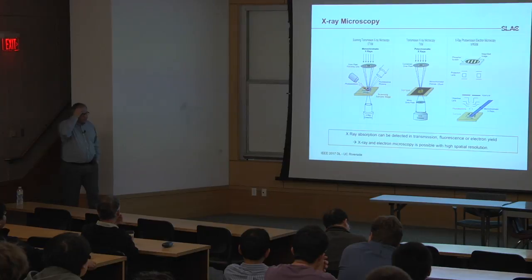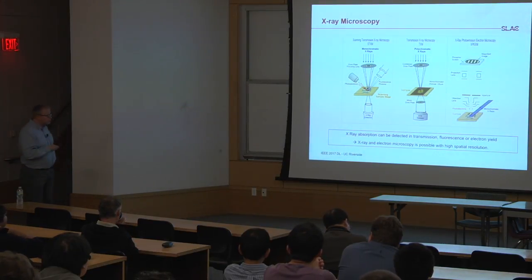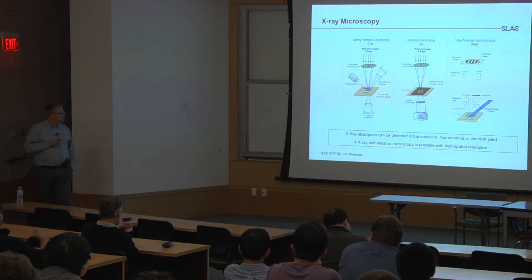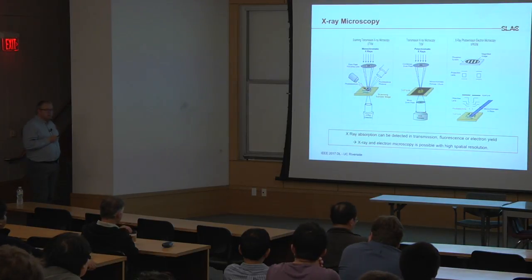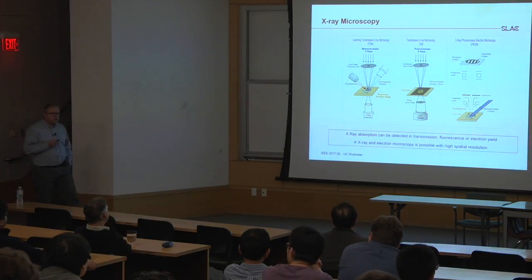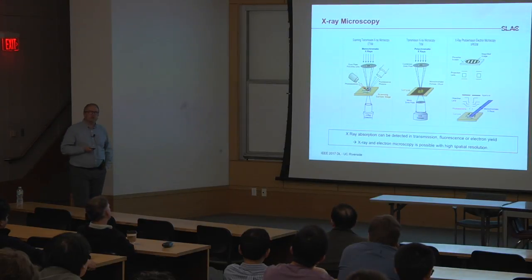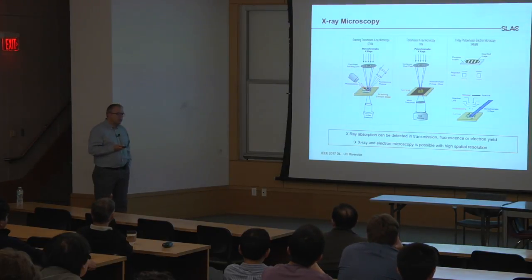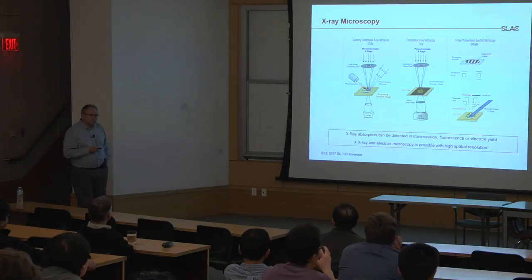Now, finally, if you want to do X-ray microscopy with this, you have to keep in mind that you're using X-rays. The reason I'm mentioning this is because in an optical microscope, you have lenses and everything, and you know how to manipulate an optical beam. In X-rays, it's a little bit more tricky.